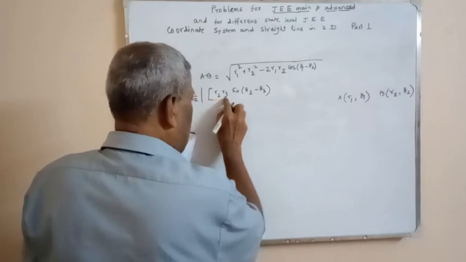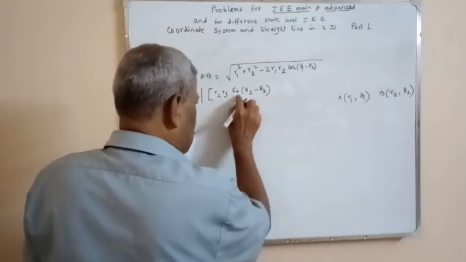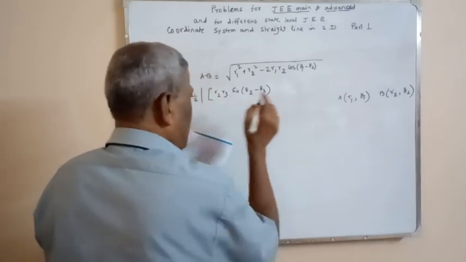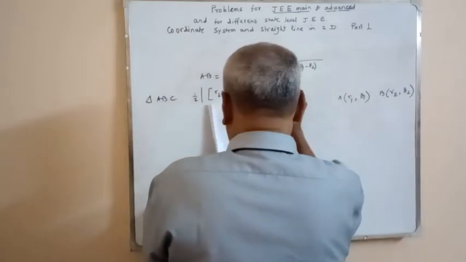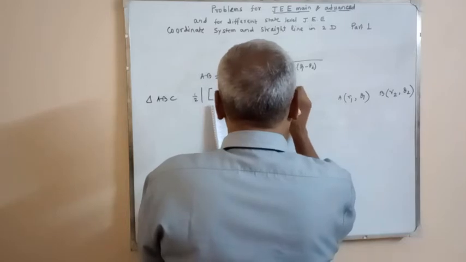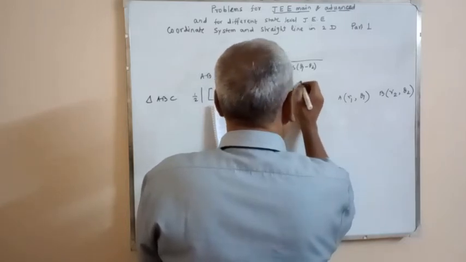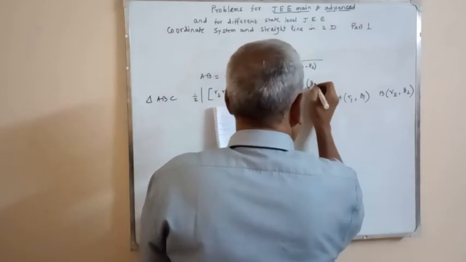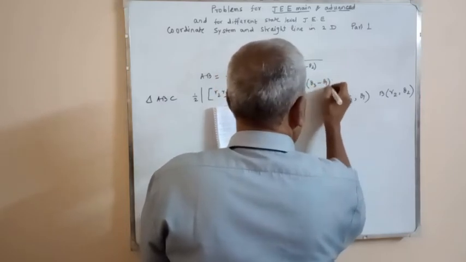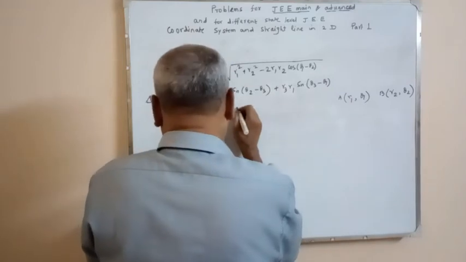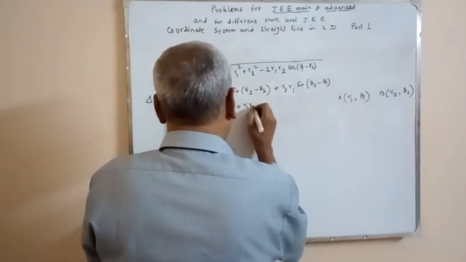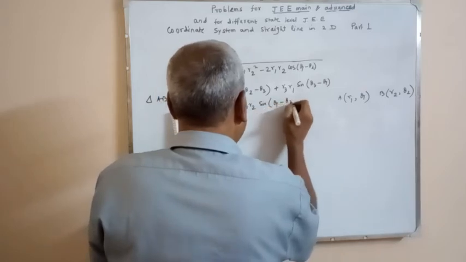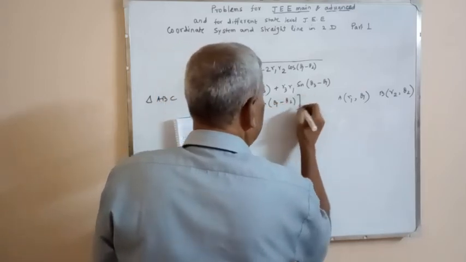plus R3 R1 into sine of theta 3 minus theta 1 plus R1 R2 into sine of theta 1 minus theta 2.